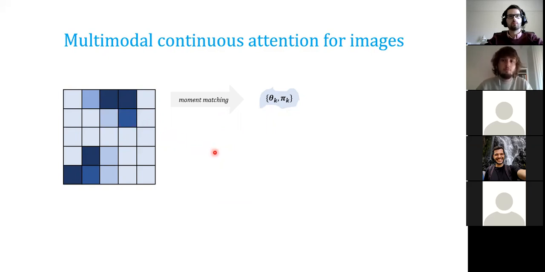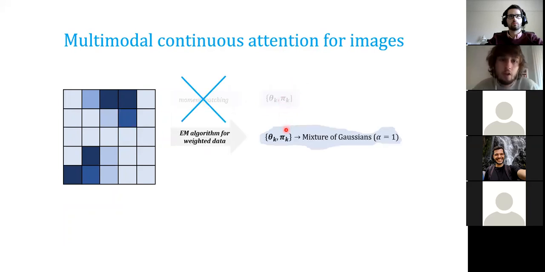But with this setup, now we cannot use moment matching to estimate all these parameters, as we've done in the unimodal case. So for multimodal distributions, we can think of this problem as that of fitting a mixture model to weighted data.